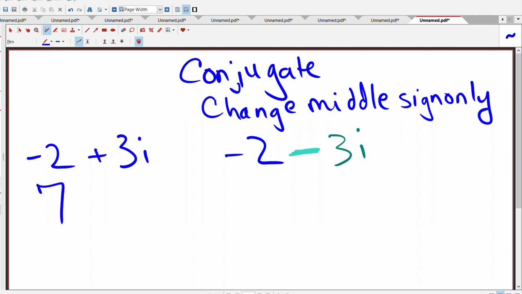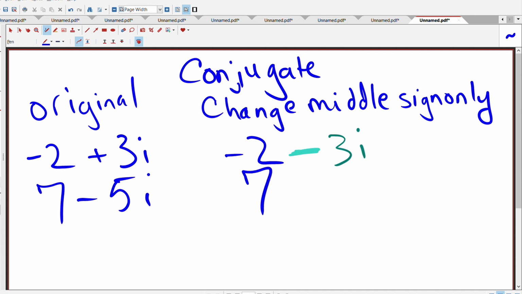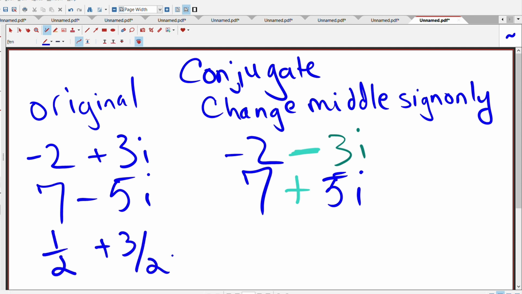Now I'm going to do another one. If the original is 7 minus 5i, the conjugate would be: keep the first sign and change the middle sign. So here it's a minus, so I have to change it to a plus, and then put the 5i. Here's another one. 1/2 plus 3/2 i.